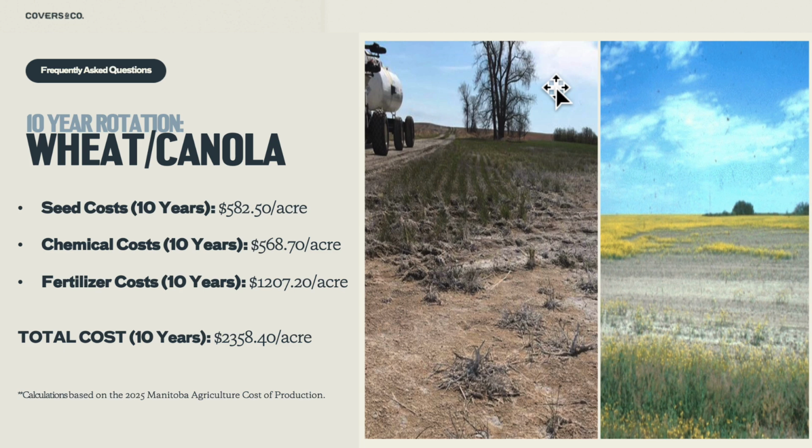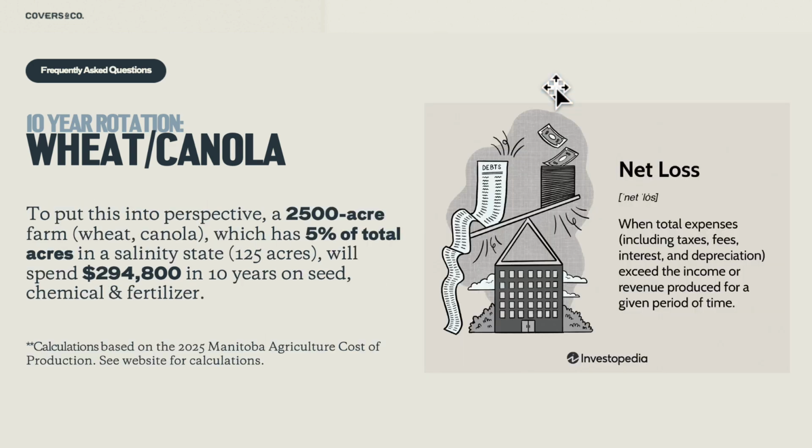So really trying to put that into perspective, looking at the dollar values that we are sinking into some of these troubled areas on the farm that have high salt levels, don't grow crops, and are usually prone to high water tables. We're looking at a net loss year after year in these areas.